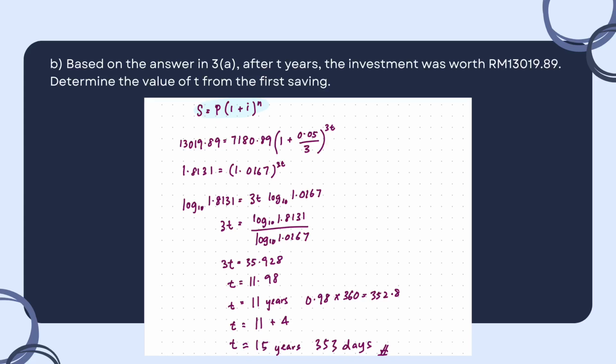Then we have to change 0.98 to days, so we multiply by 365, and we will get 352.8. Our T also has to be plus 4 years because we want to know the value of T from the first saving. So we plus 4, and we get 15 years 353 days.